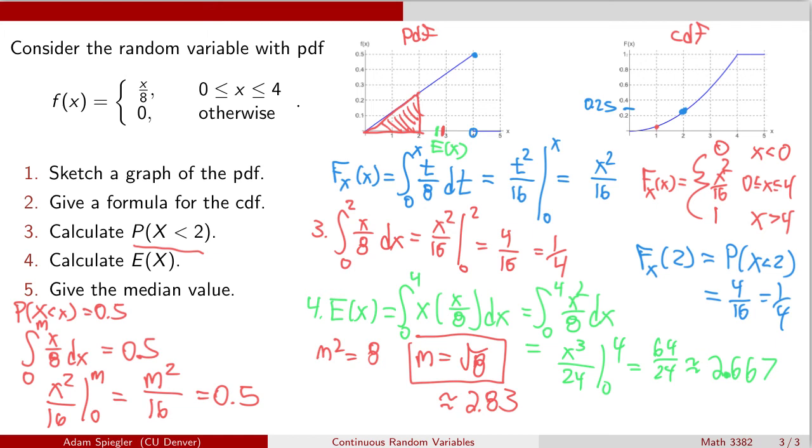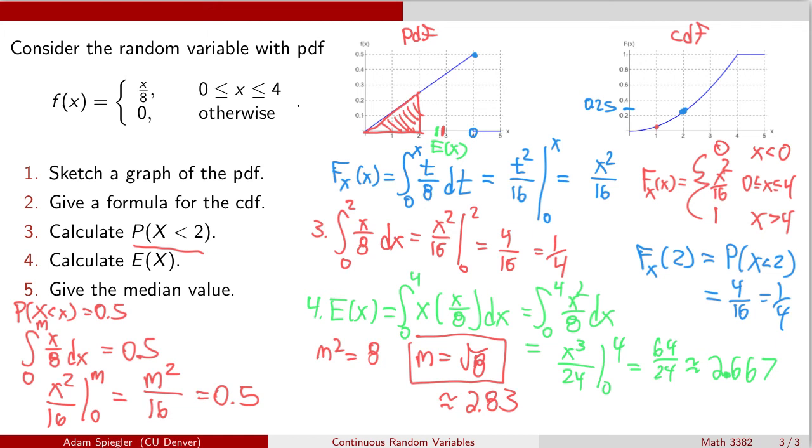So notice that the median in this case is 2.83, and the mean, we calculated the expected value to be 2.667. So they're close, but different. There are different ways of measuring where the data is centered.